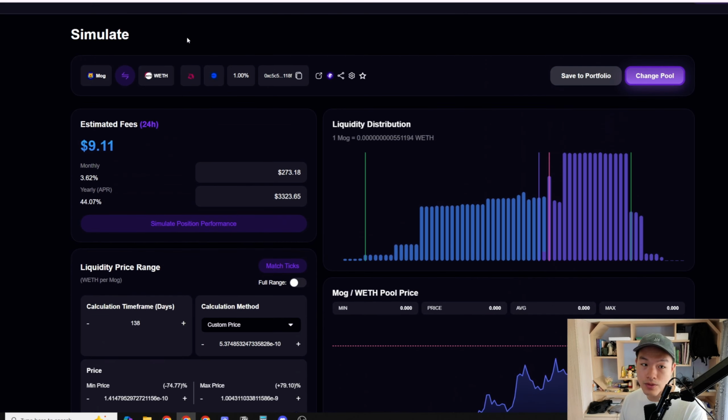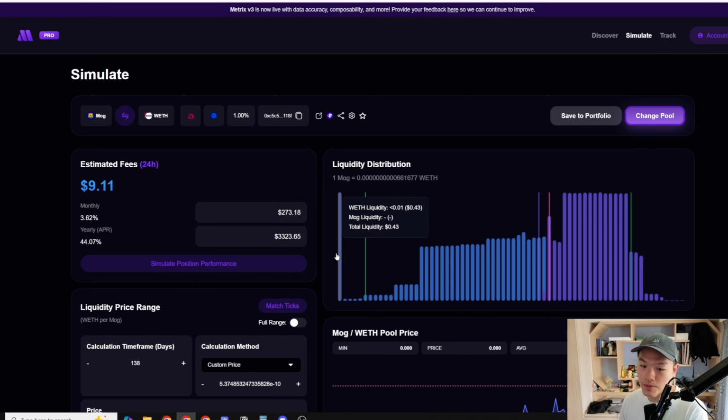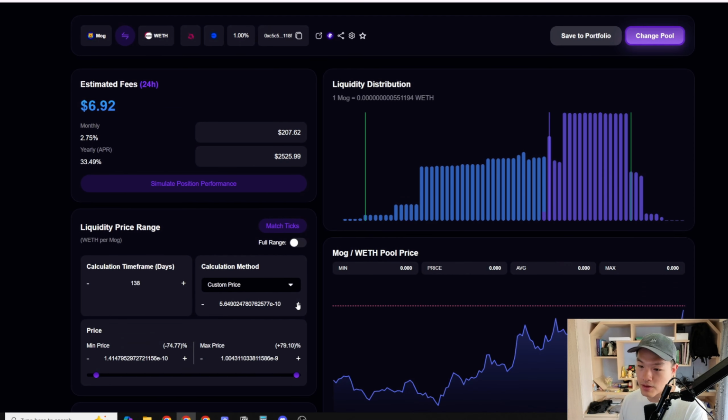But again, no tool is perfect. If we actually look at Revert, my actual APR is 61%, but still I could hop into this pool knowing that my worst case scenario, if I move the concentration to be the highest, is roughly 26% APR, right? So if I'm happy with this APR, I could still hop into this pool.